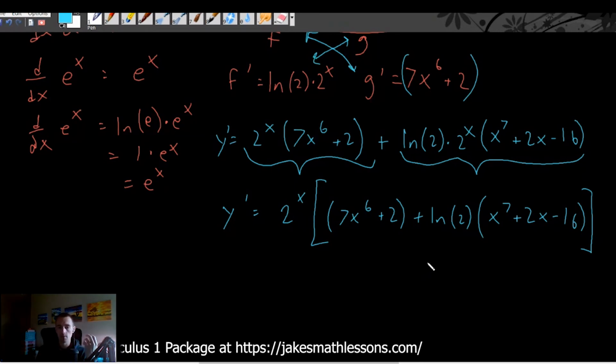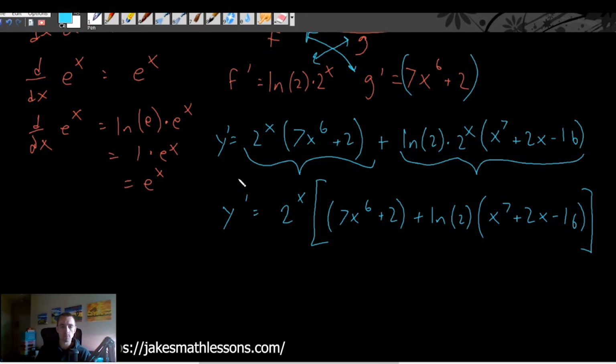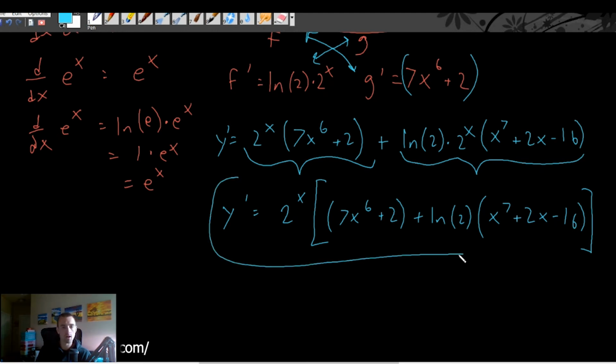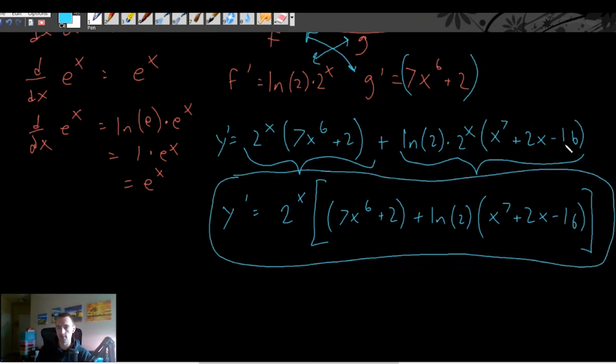So this would probably be the fully factored out version, as simplified as we could get it. I would probably just leave it here. Like I said, though, depending on context, you may want to have done the opposite and distribute these 2 to the x's into the parentheses. And that really just depends on what's going to be easier next. In this case, finding the derivative is all we had to do. This is as far as we're going to take it. There's really nothing else to do here. So that'll be the answer for that problem.